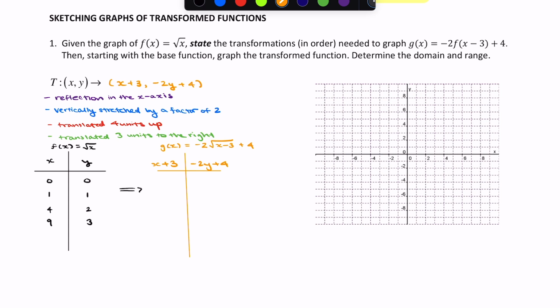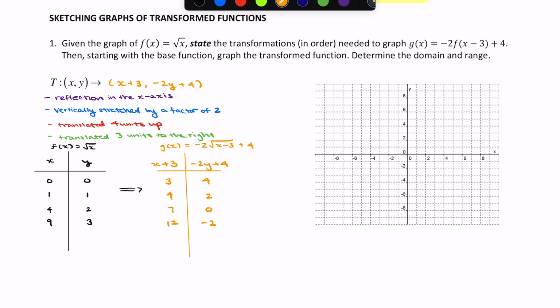The corresponding x values for the transformed function are 3, 4, 7, and 12, and the y values are 4, 2, 0, and negative 2.